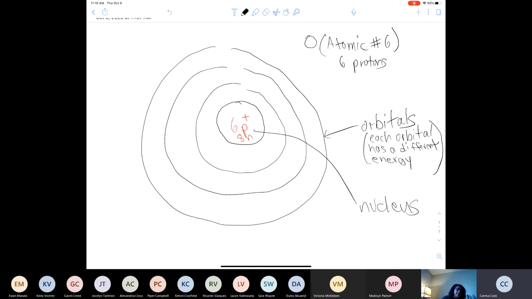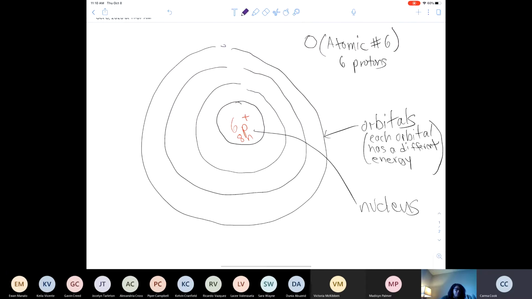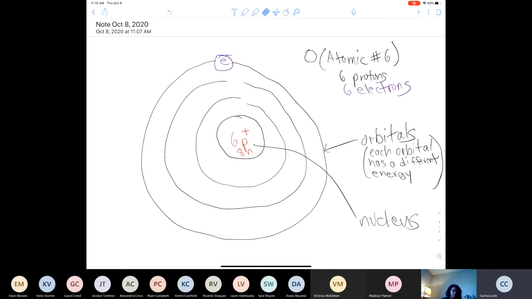And so an electron that resides in the outermost orbital, so there's one of the electrons of oxygen. So if it has 6 protons, it also has 6 electrons.